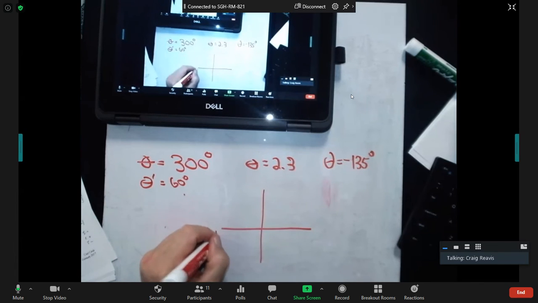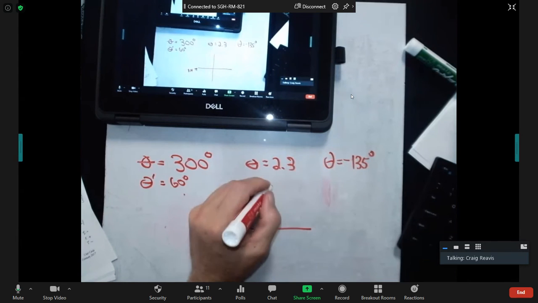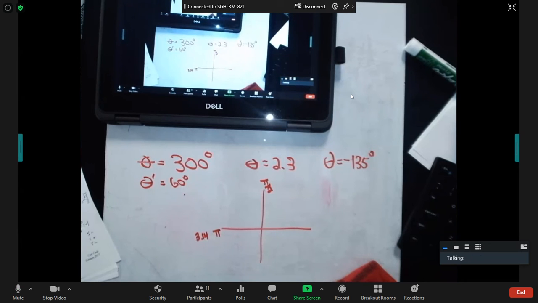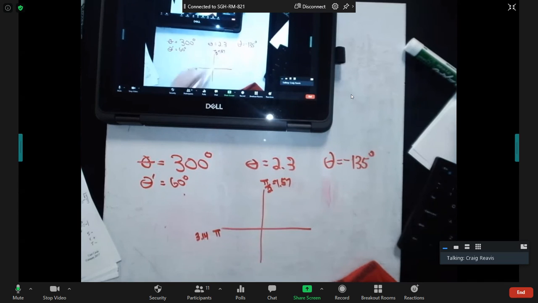Well, pi, we know, is 3.14, right? And pi over 2 is half of that, which is, where's the calculator? 3.14 divided by 2 is about 1.57.